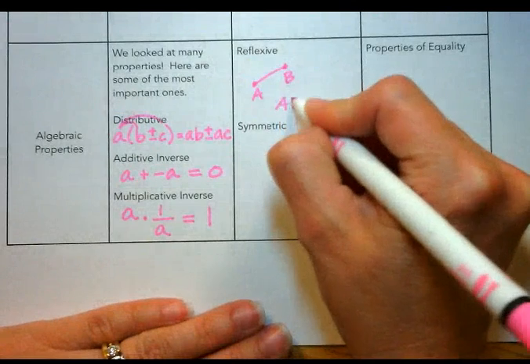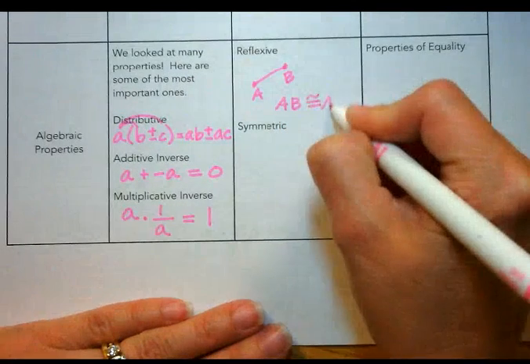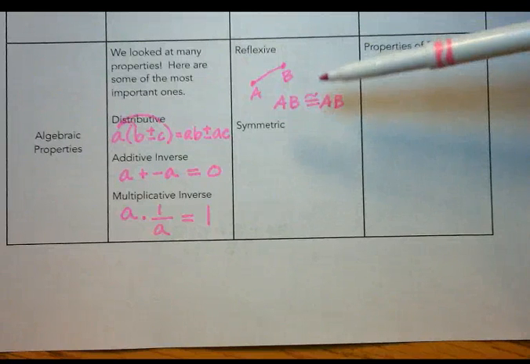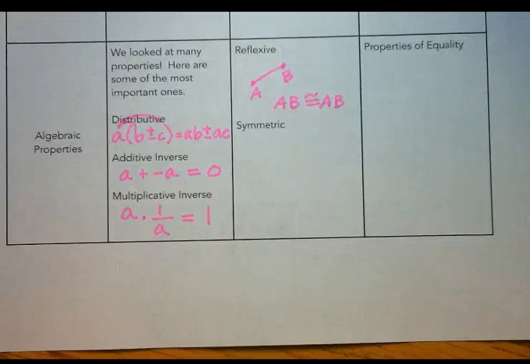The reason why we use that was, most of the time we had a segment, sometimes you have an angle that is used in more than one shape. You're just showing that just because it's in a different shape doesn't mean it's a different size.